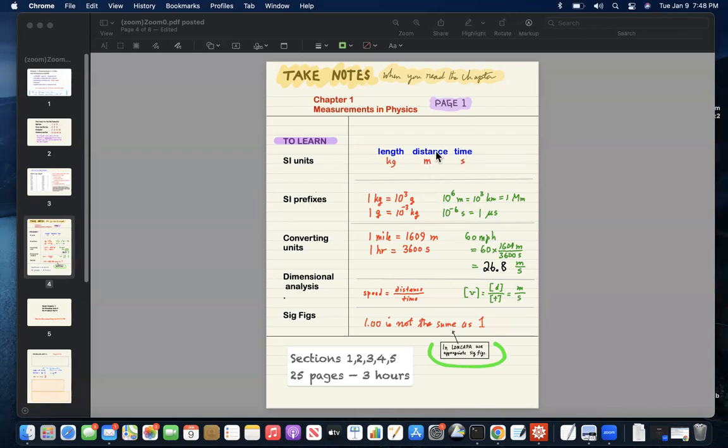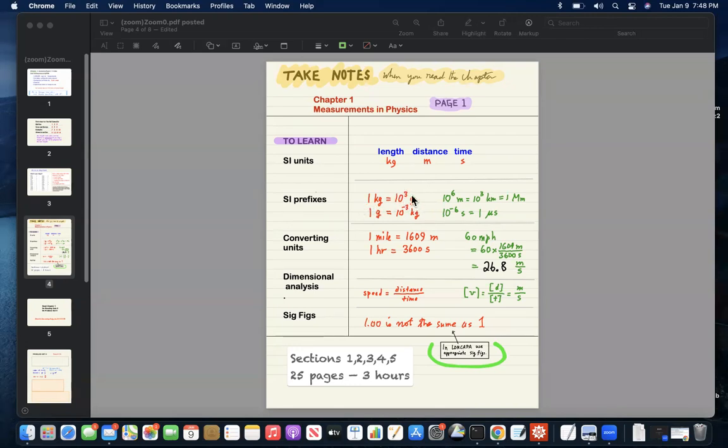Now, sometimes you have many seconds or many meters, so you have prefixes. For example, a kilogram, kilo means 1,000, so a kilogram is 10 to the power of 3, 1,000 grams. Now, we don't use grams very much, but sometimes you'll have a homework problem that uses grams. Chemists often use grams.